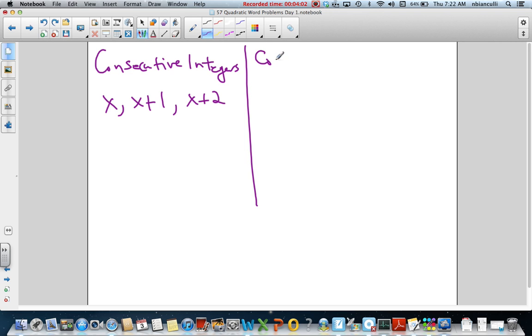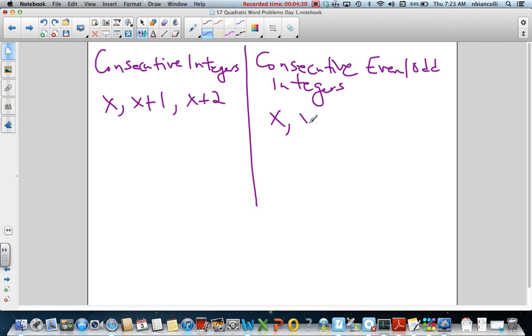If it's consecutive even or odd integers, you're going to have x plus 2 and x plus 4. So please write these at the top of your paper, where you have the boxes.